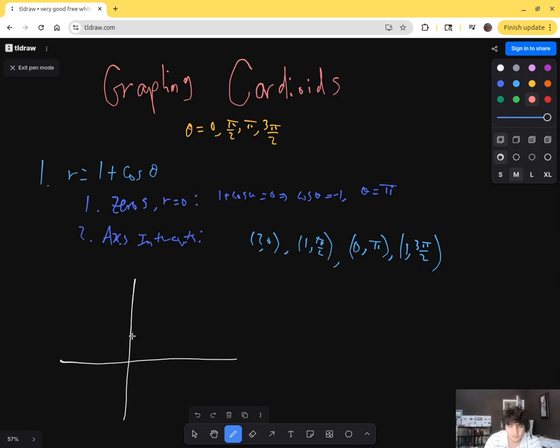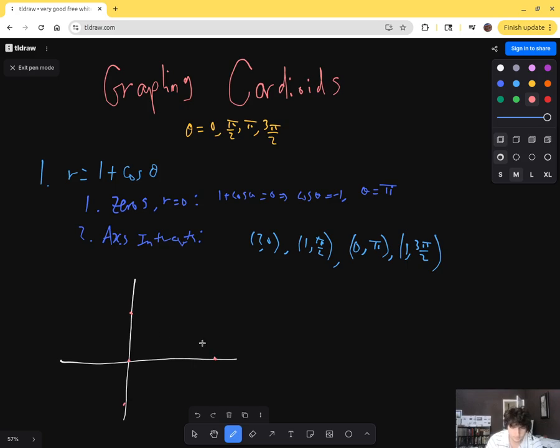Okay, so we have 2, 0. So there's a point right here. 1, pi over 2. So we'll say that it's a little bit lower. 0, pi. And then 1, 3 pi over 2.